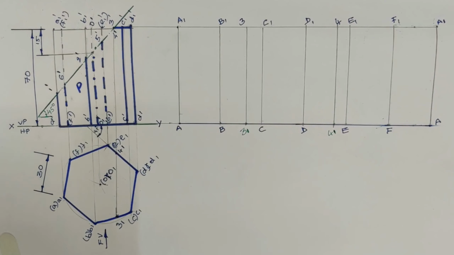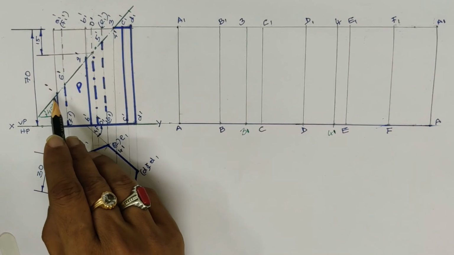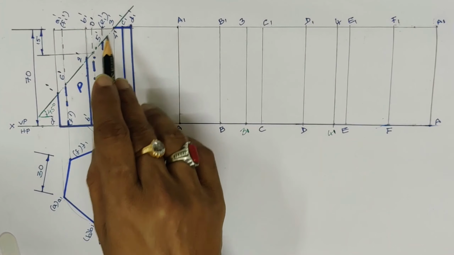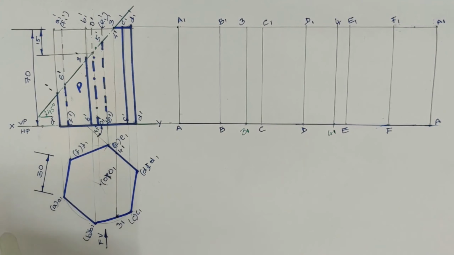After that, draw horizontals through 1 dash, 2 dash, 3 dash, 4 dash, 5 dash and 6 dash towards the corresponding face edges as well as base edges.